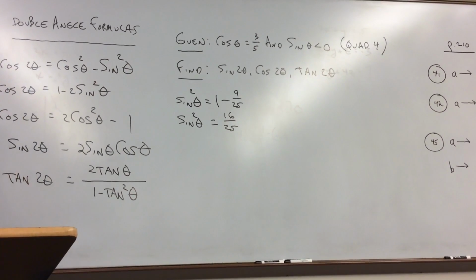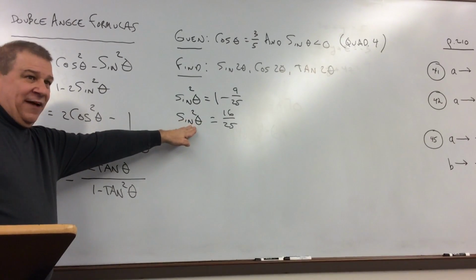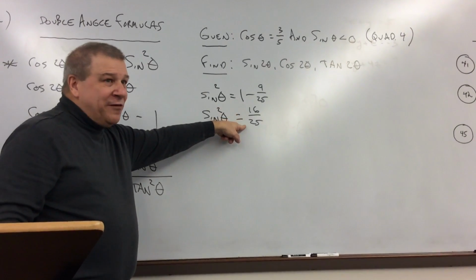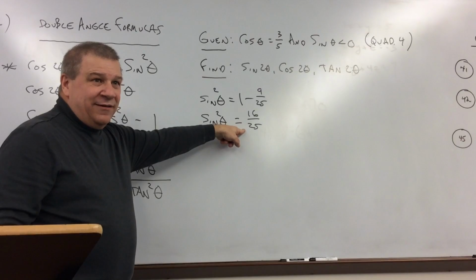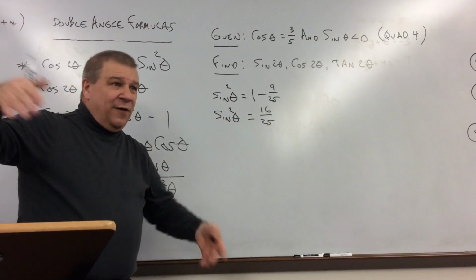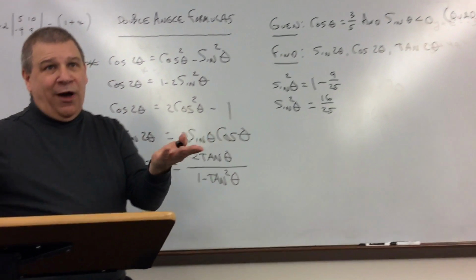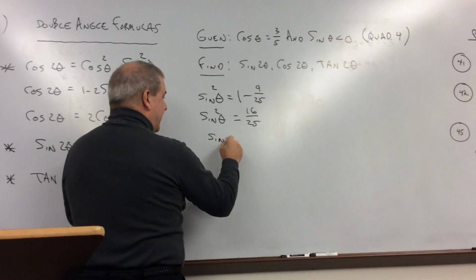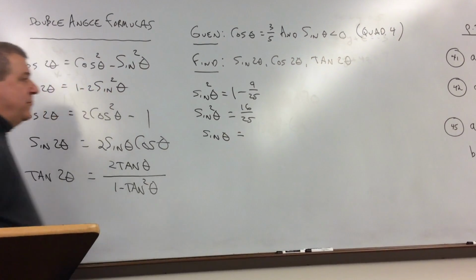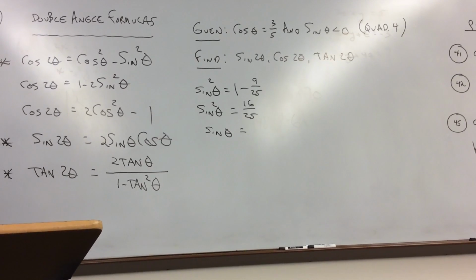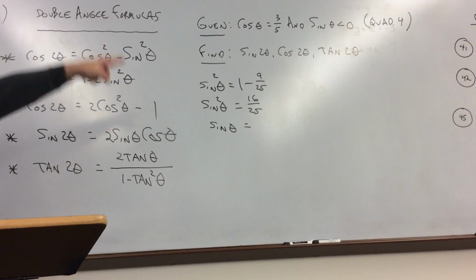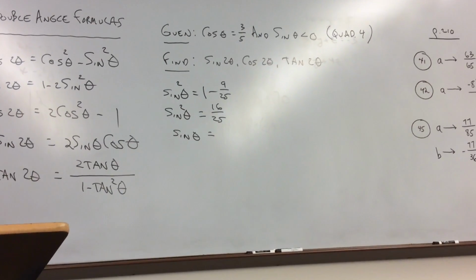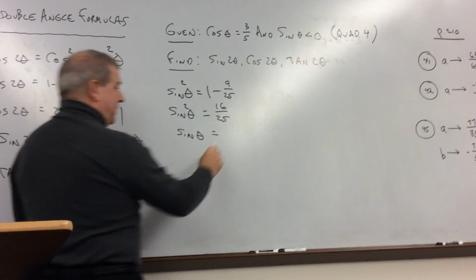You guys understand when you do this stuff, these aren't always going to be perfect squares, right? If they're not, you're going to have a radical somewhere, reduce it, get rid of the radical in the bottom, the whole 9 yards, right? What's sine of theta equal here? Remember, you're in the fourth quadrant now. Don't screw up your signs. Quadrant 4, what's sine of theta equal? Rob? Negative 4/5, right?